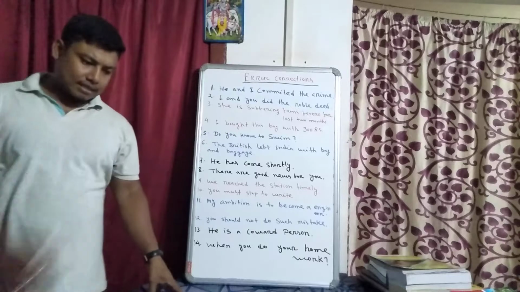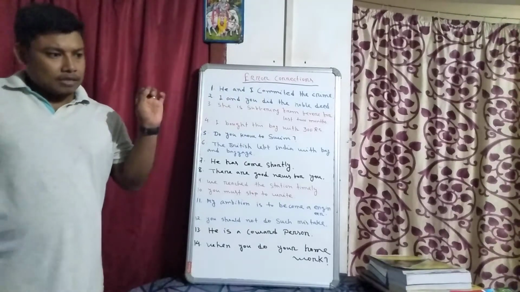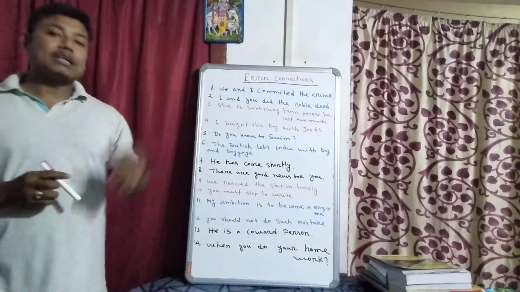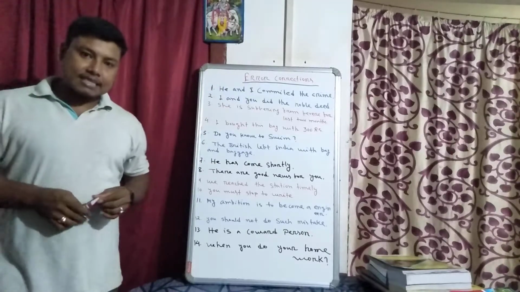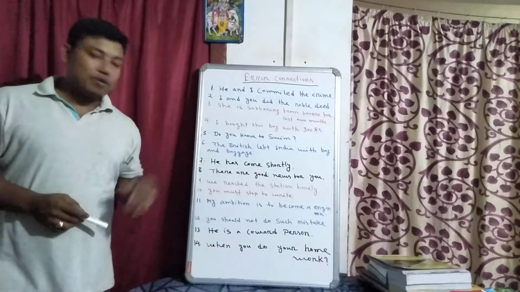Before going to discuss the concept of error corrections, I like to say, to get the concept properly, we have to know more and more parts of English grammar in details. Sometimes error correction may be given in tenses, sometimes in determiners, sometimes in prepositions.